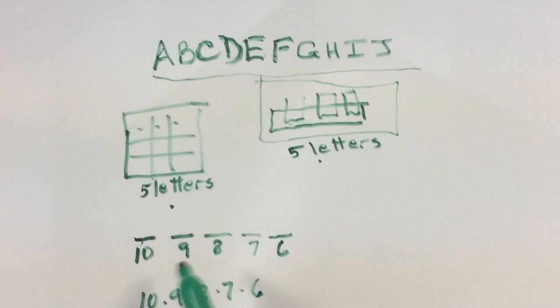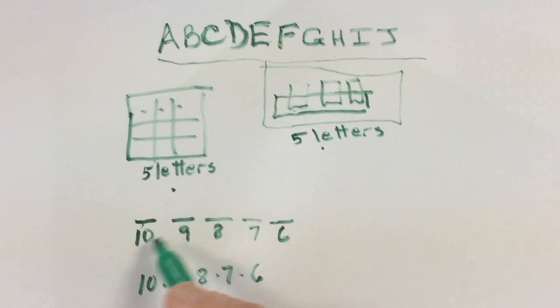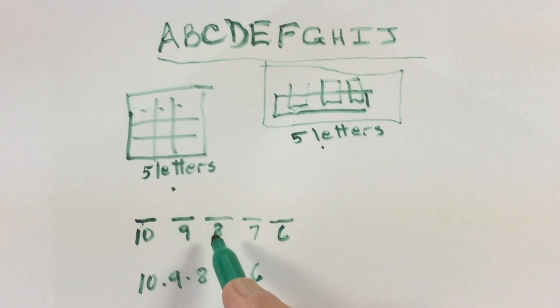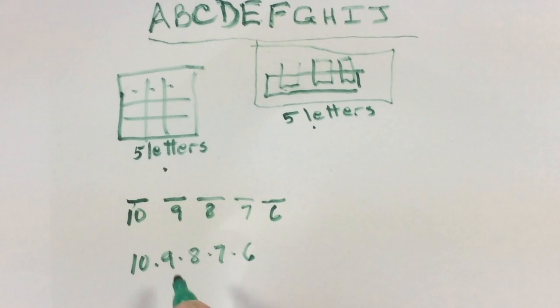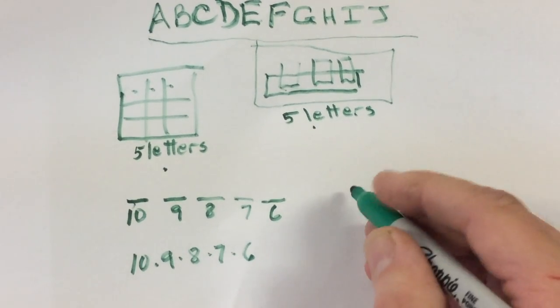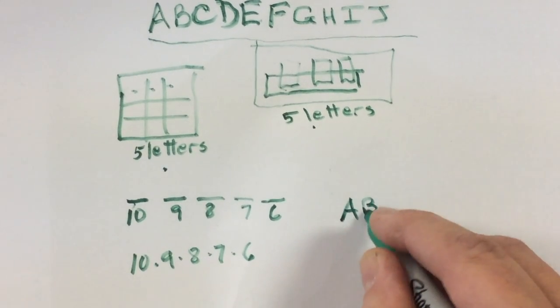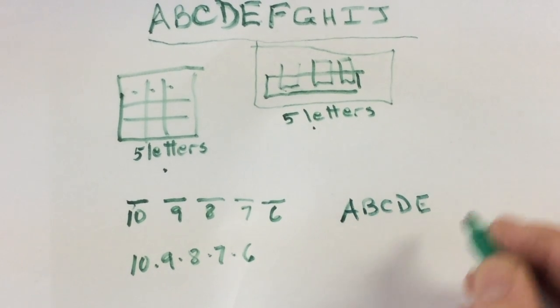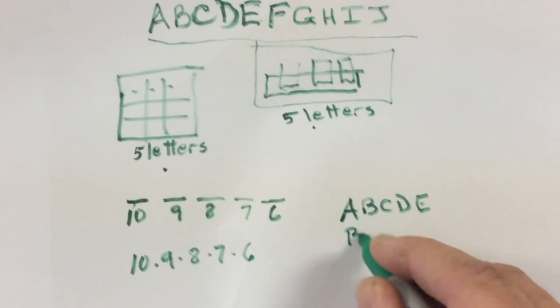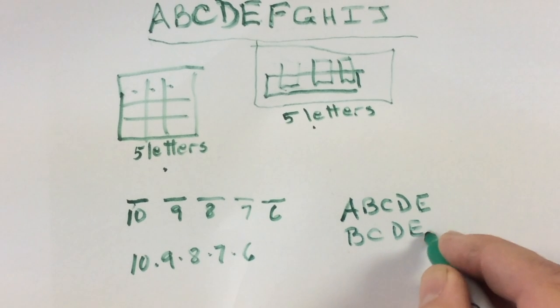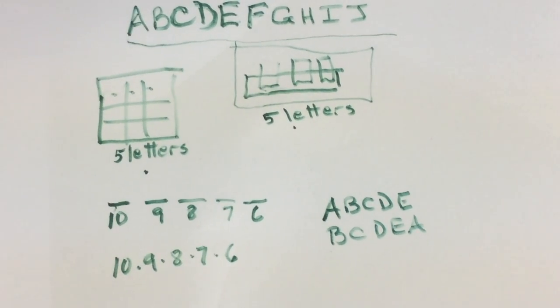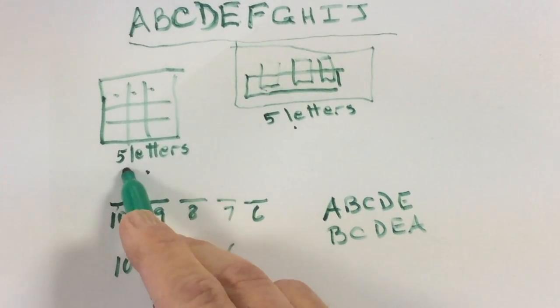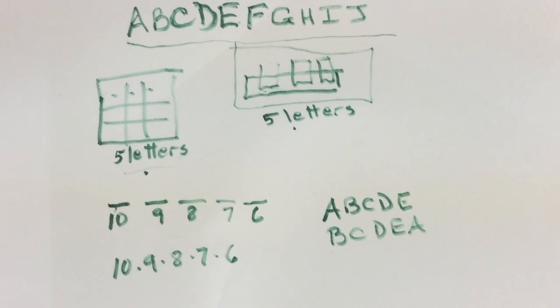Because for every one of the 10 I could choose here, there are 9 more to choose from. For every one of that combination, there are still 8 left. So you multiply these numbers together. If I have, let's say, A, B, C, D, E, and then I say B, C, D, E, A, for the purposes of spelling a word, those are different, aren't they?